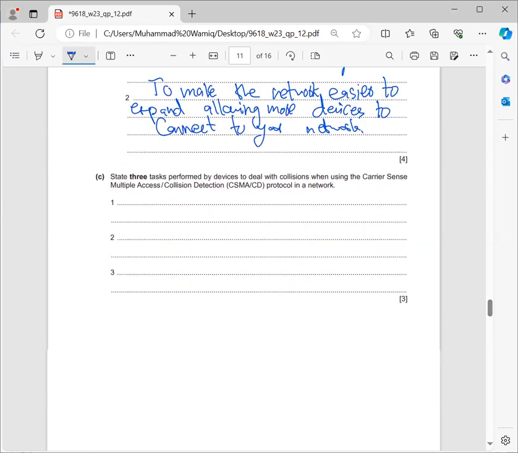For the C part, state three tasks performed by devices to deal with collision when using the carrier sense multiple access collision detection, CSMA/CD, protocol in a network. Three tasks.